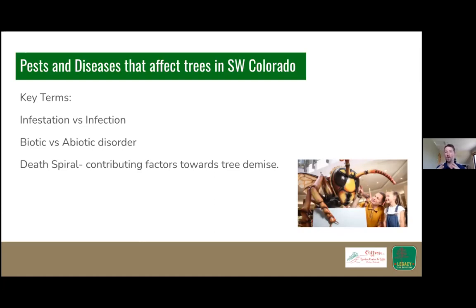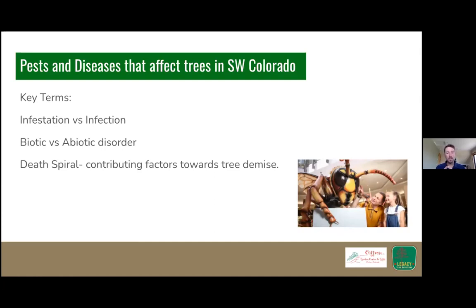So I'm going to use the term arthropod here, okay? When you have an arthropod in residence, in numbers that don't make your tree happy, that's an infestation. Whereas an infection is a microbial disease, so a viral disease or a fungal disease or a bacterium or something like that.